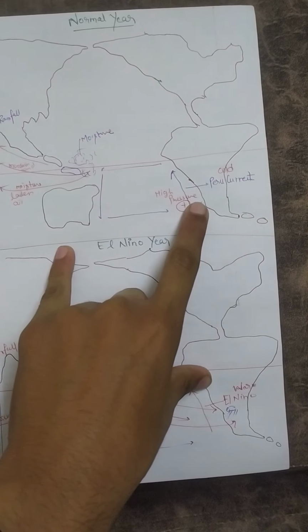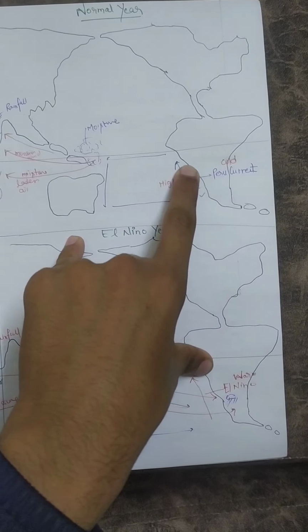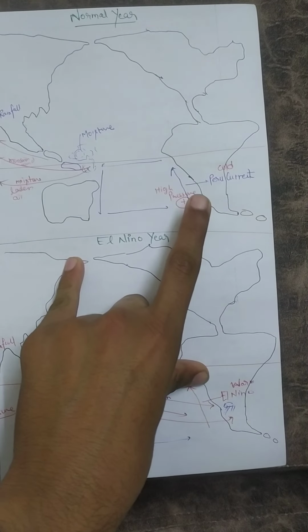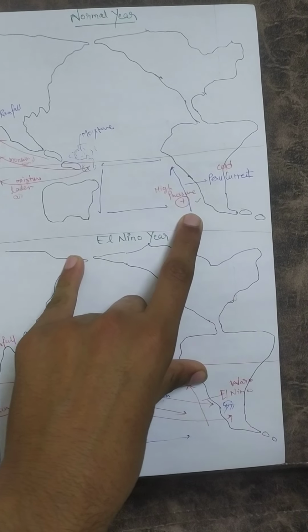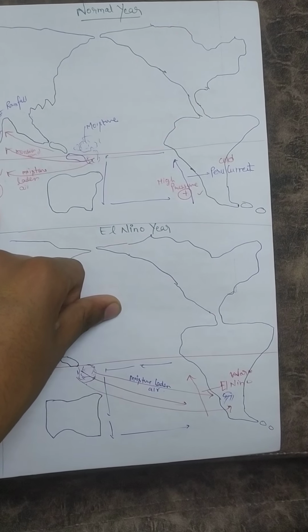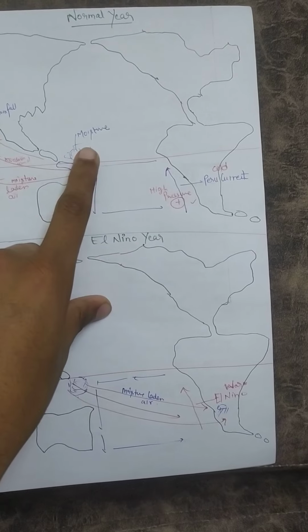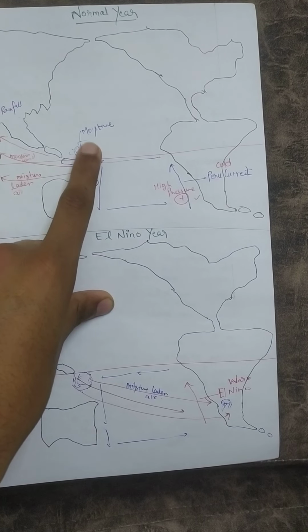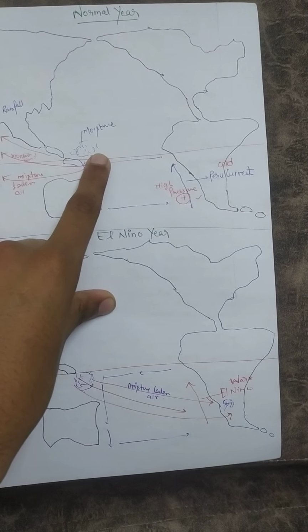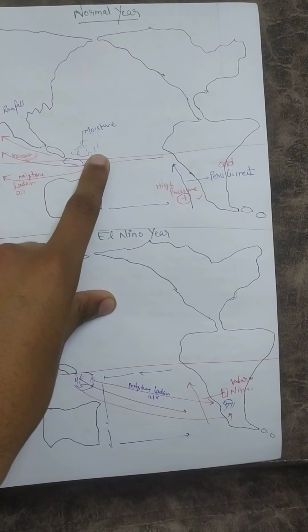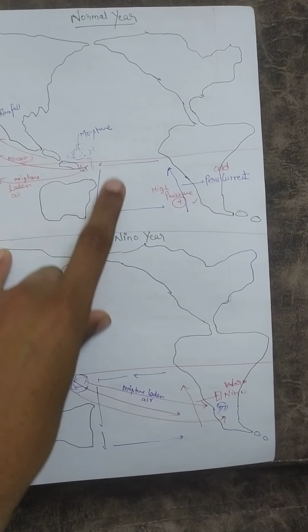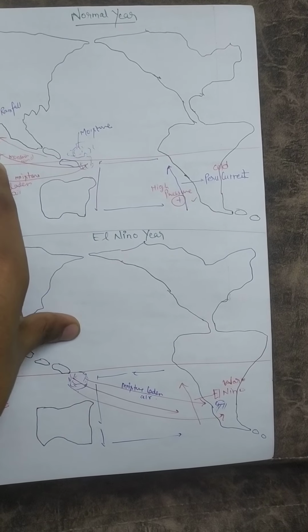Therefore, since in the Pacific Ocean around the Peruvian coast there is a high pressure, and in the Indian Ocean there is low pressure, the moisture laden winds move from Southeast Asia and North Australia towards the Indian Ocean.